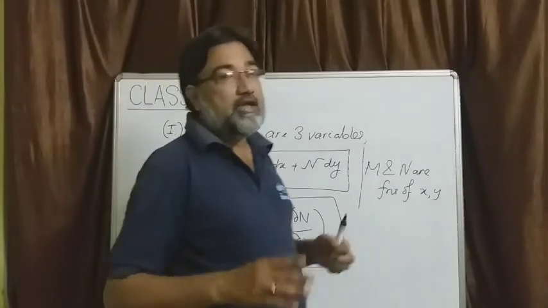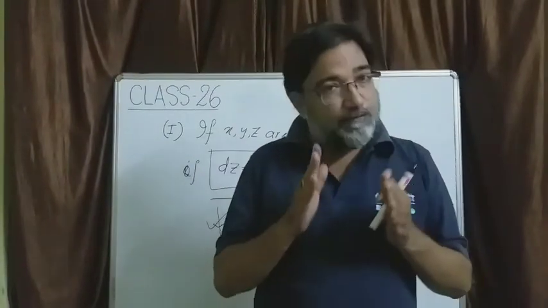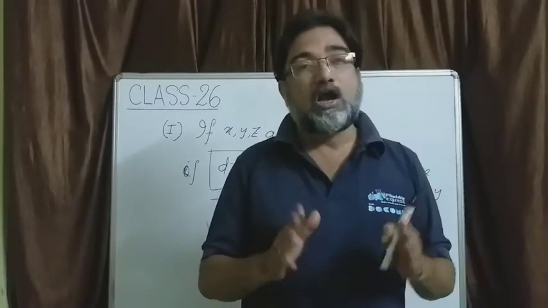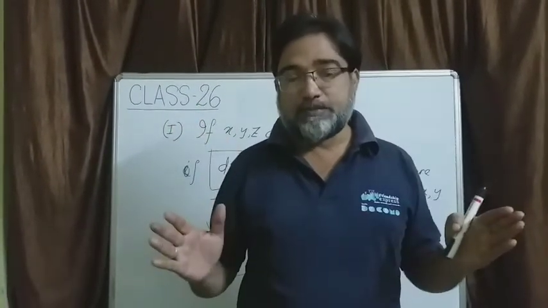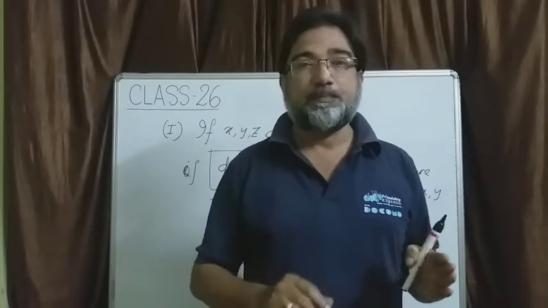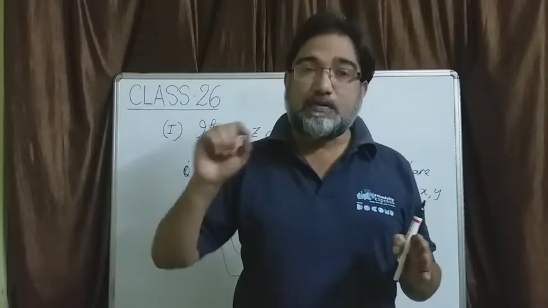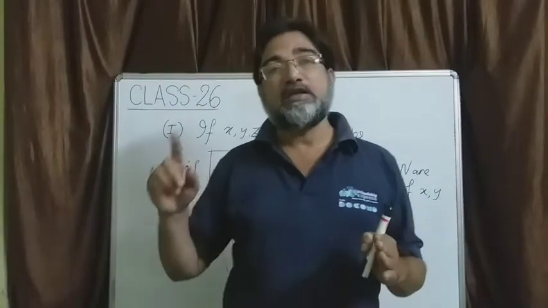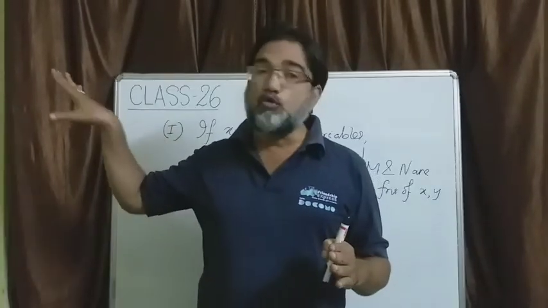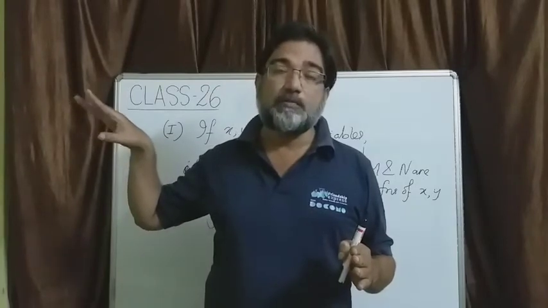Okay, actually, in thermodynamics, what happens? How many properties are there? There are 8 properties. You name any property, say pressure. Pressure is a variable, and this pressure can always be expressed as a function of any 2 of the remaining properties.